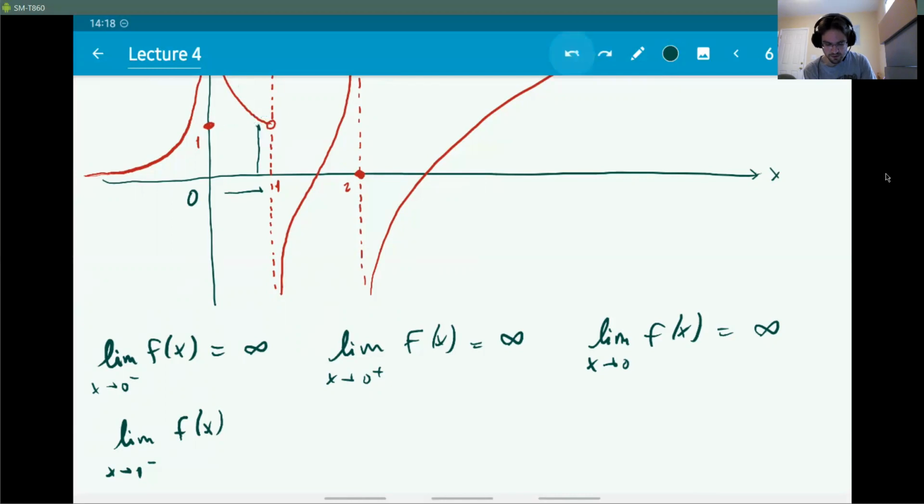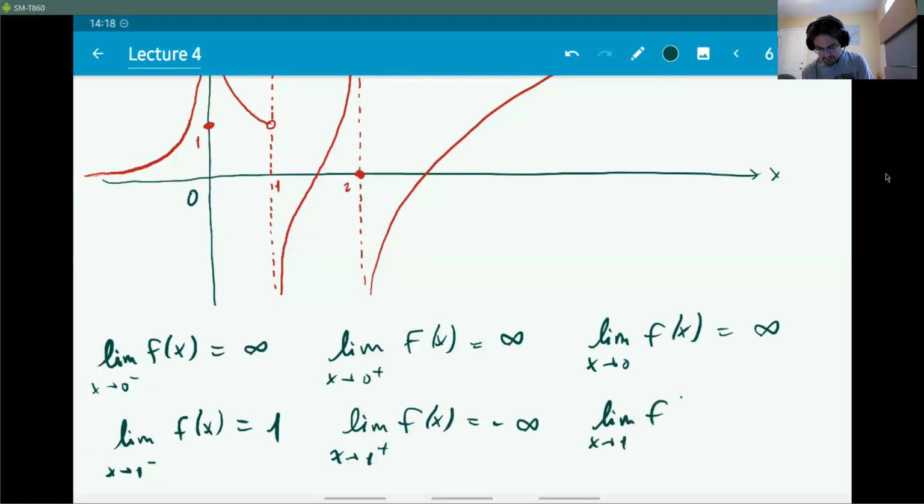So in other words, f is approaching 1. And now around the right side, that's a case where the graph is just going down without bounds, which means minus infinity. And because those two one-sided limits were different, the limit around 1 does not exist.